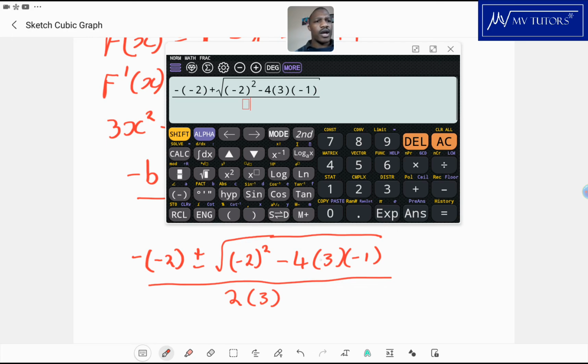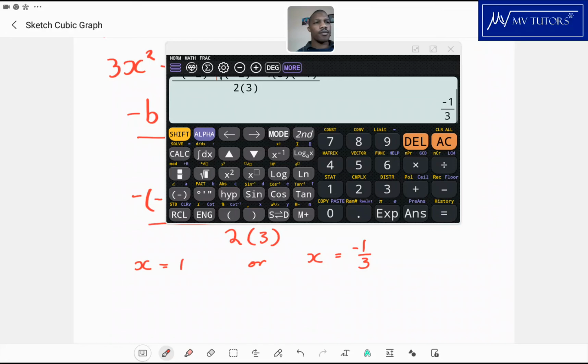Then we can go down, we have a 2, open bracket, 3, close it. Okay, so our answer is x, our first x then is equal to 1. Now let's go back here and change the plus into a minus. Let's see how that is affected. So our x is equal to minus 1 over 3.